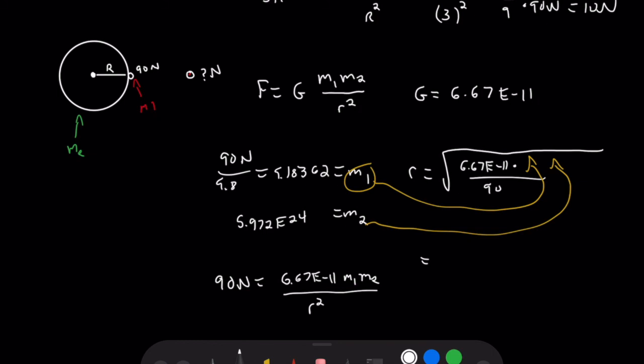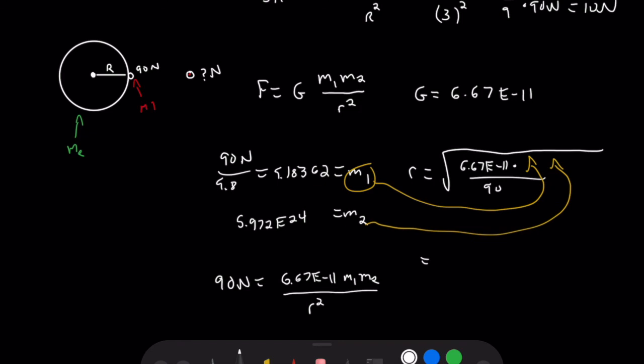We're going to get 6.67 e negative 11. Make sure I plug these in right.